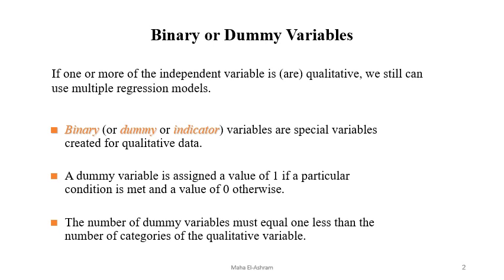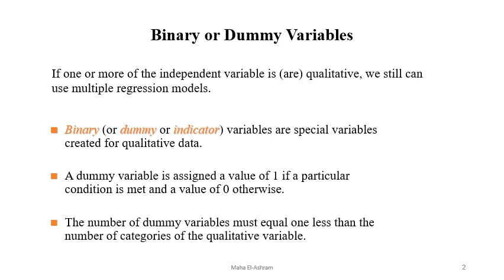The rule is, if you use a dummy variable, it will take one of two values, either 1 or 0. That's why it is called a binary variable. So a binary variable or a dummy variable is a variable that will be introduced to the model, and it will take either the value 1 or the value 0.